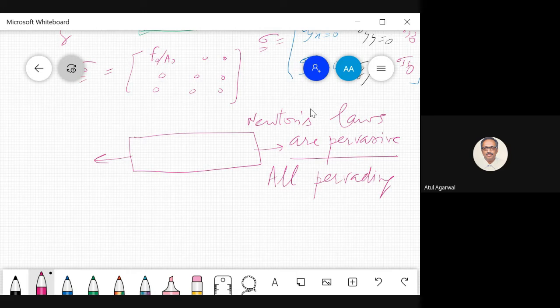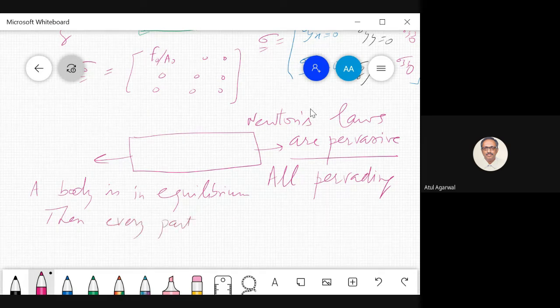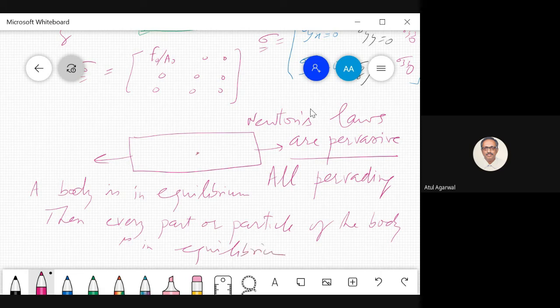It means if you have this body which is in equilibrium, then every part or particle of the body is in equilibrium. You cannot say this fellow can goof around. No particle can accelerate if the entire body is in equilibrium.